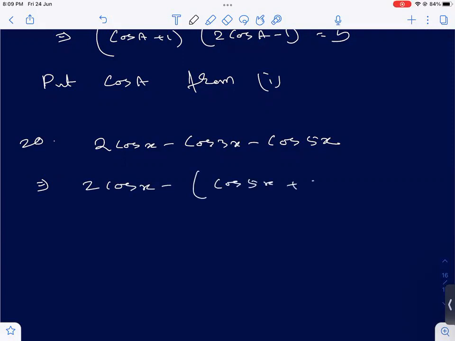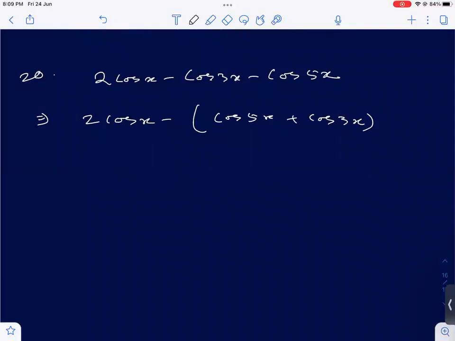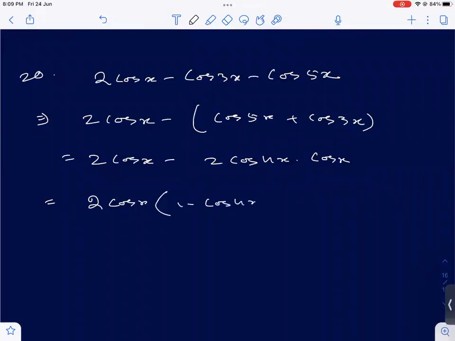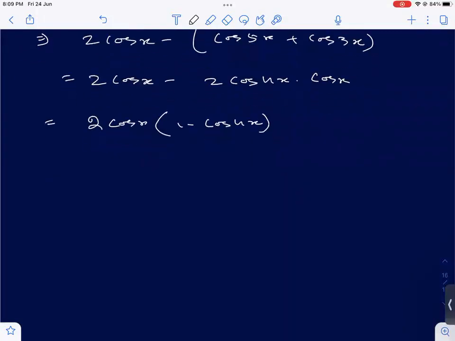Cos 5x plus cos 3x, cos C plus cos D, 2 cos C plus D by 2 into cos C minus D by 2. So we are getting 2 cos x minus 2 cos x, 5 plus 3 by 2 means cos 4x, into 5 minus 3 by 2 means cos x. So I am taking 2 cos x into 1 minus cos 4x.